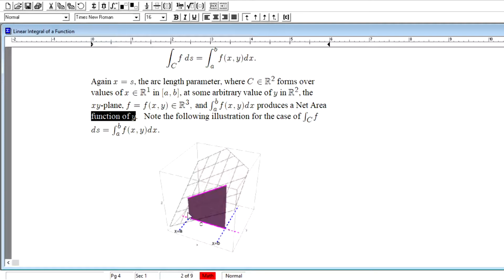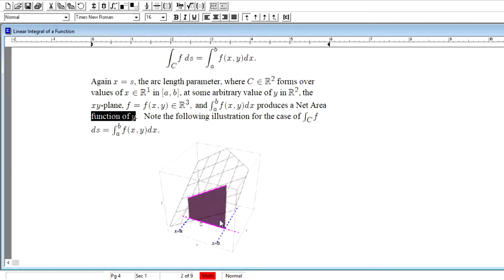One of these magenta lines is the curve C down here in the xy plane, the other is this illustration of C projected onto our surface. Trapped between these 2 magenta lines is a region of space, an area of space.